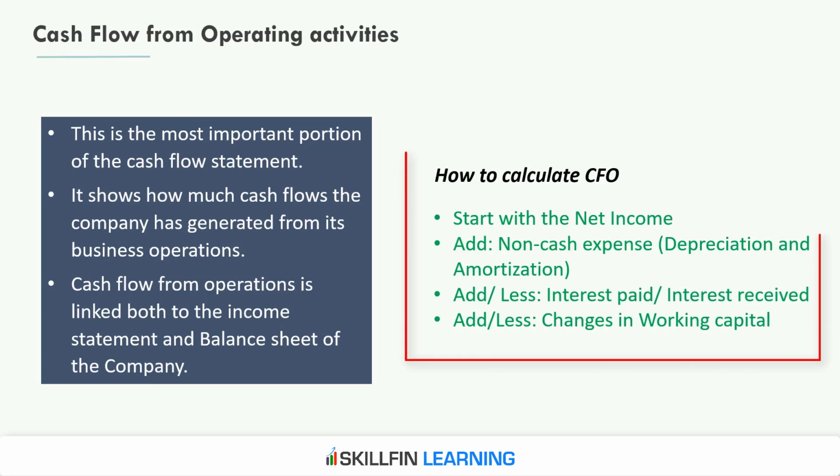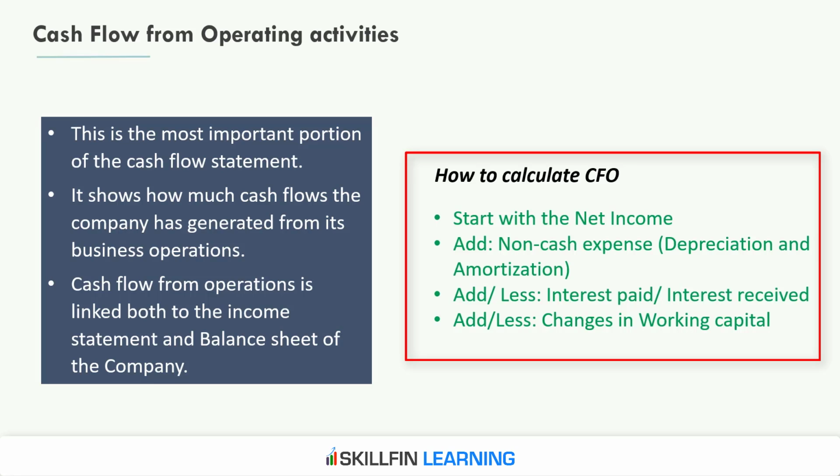To calculate the cash flow from operating activities, we start with the reported net income of the company. Then we add the non-cash expenses like depreciation and amortization, because there is no actual cash outflow related to these expenses.